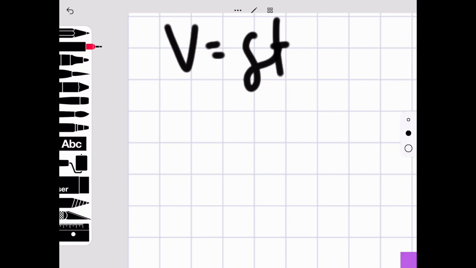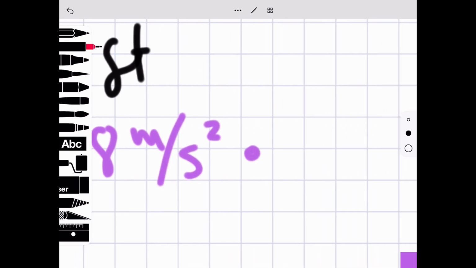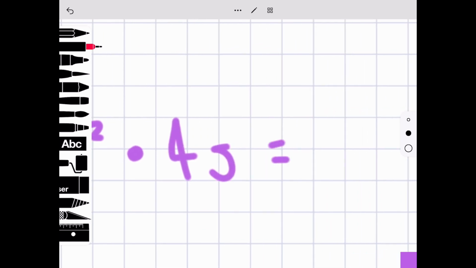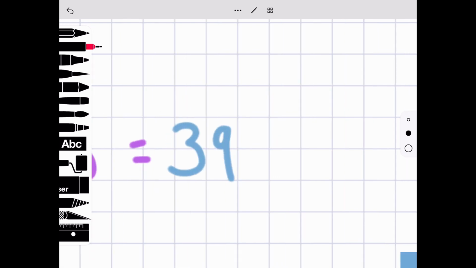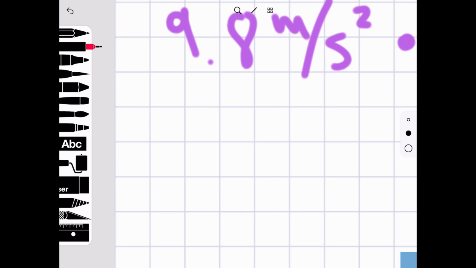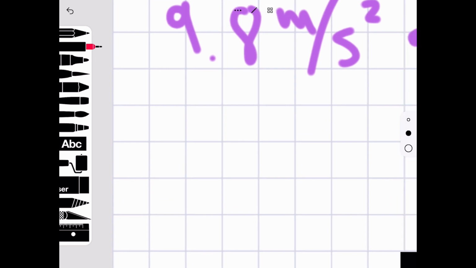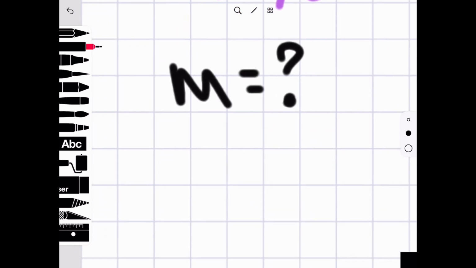So then we put 9.8 meters divided by seconds squared, that is the gravity, multiplied by the time, that in this case is 4 seconds, and that is equal to 39 meters divided by seconds, and that's the velocity of the brick.